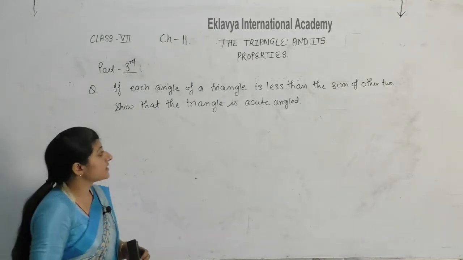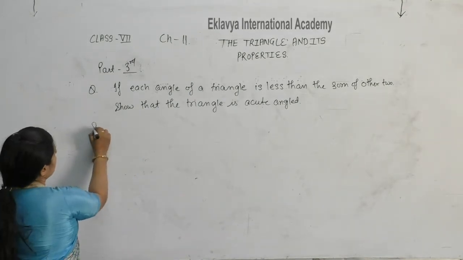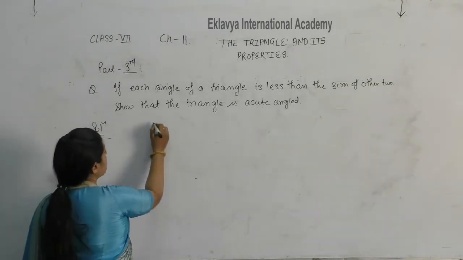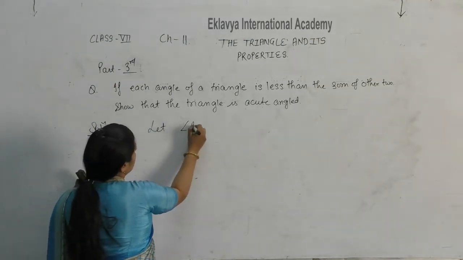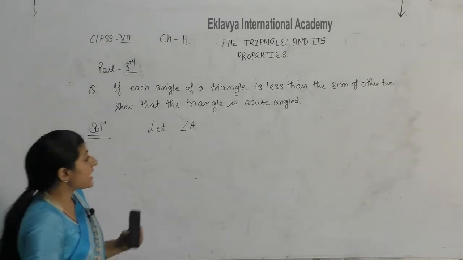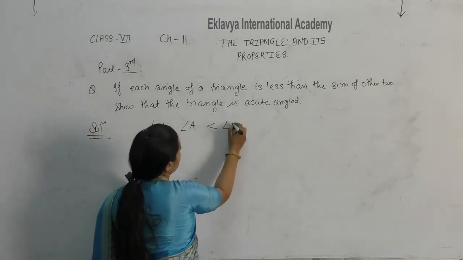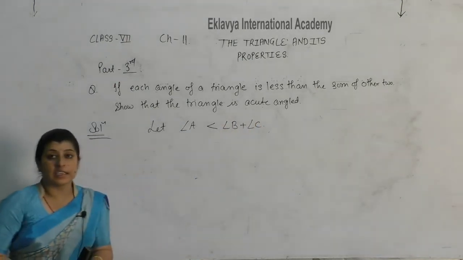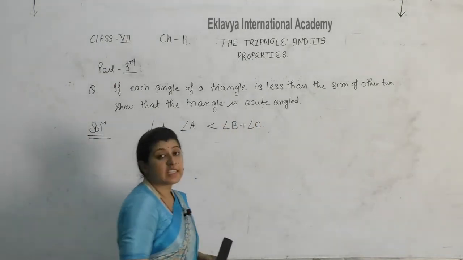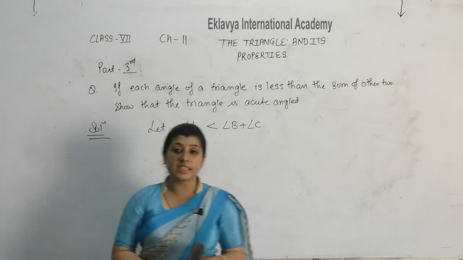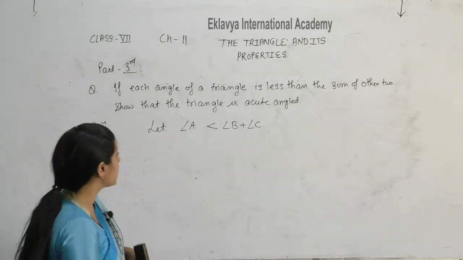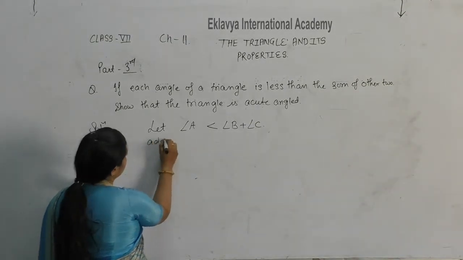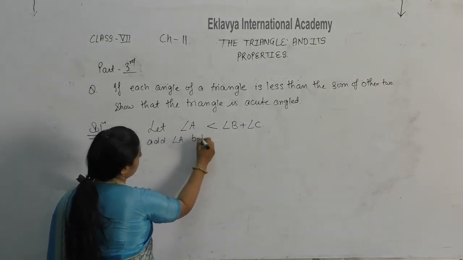How to show this? If each angle of a triangle, firstly we let triangle angle A is less than the sum of the other two angles. Let angle A be less than angle B plus angle C. Suppose we add angle A to both sides.